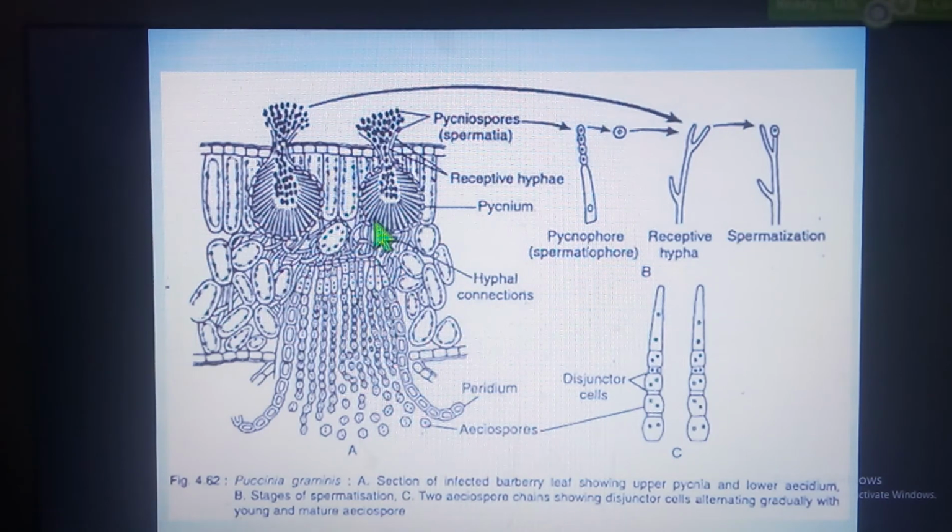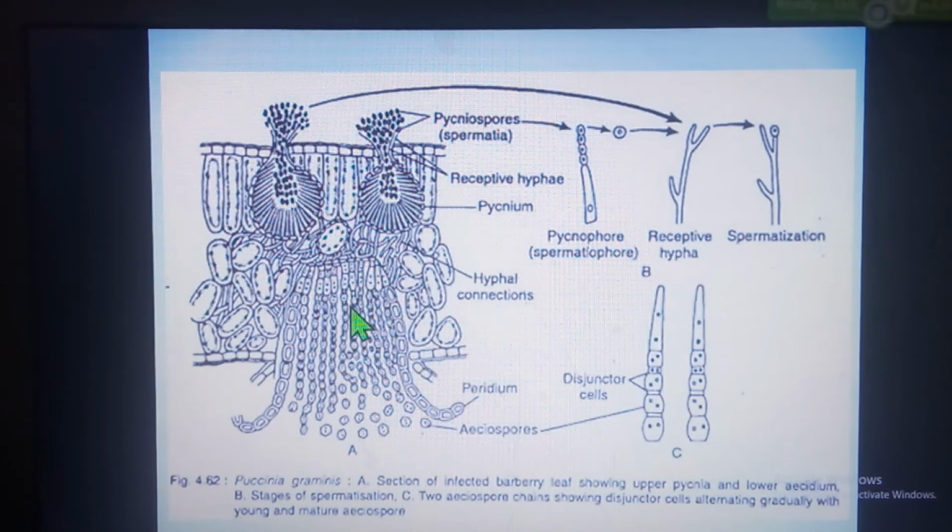Now this aecial primordium is stimulated to further growth within a few days on the lower surface of the leaf. You can see here the aecium, this clustered cup is formed. It's like an inverted cup, known as the aecial cup. So here this will form, and this young aecium is buried inside the tissue just below the lower epidermis.